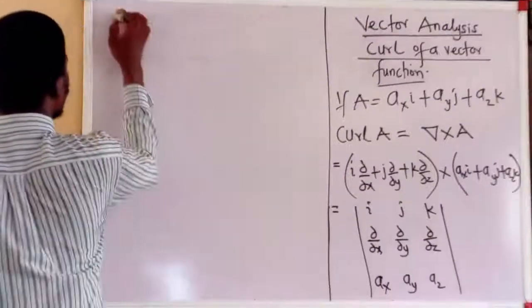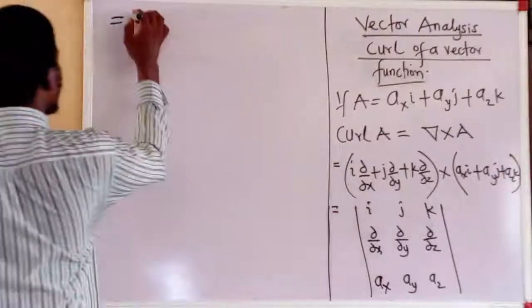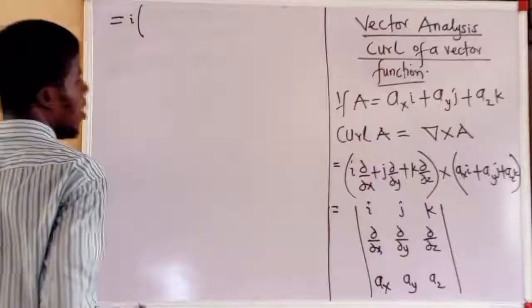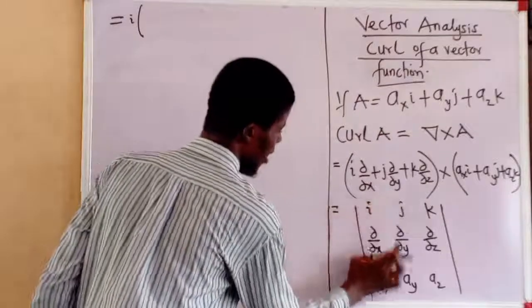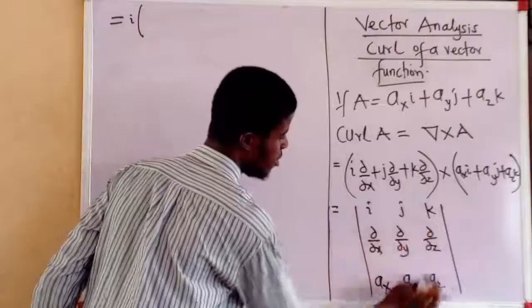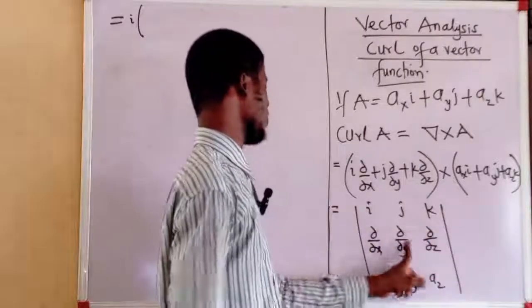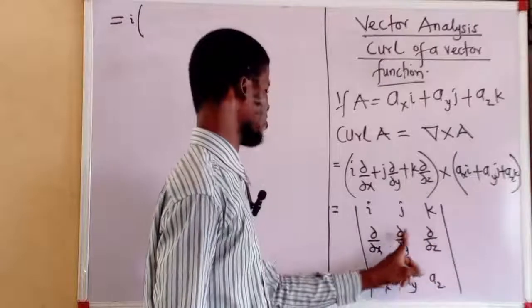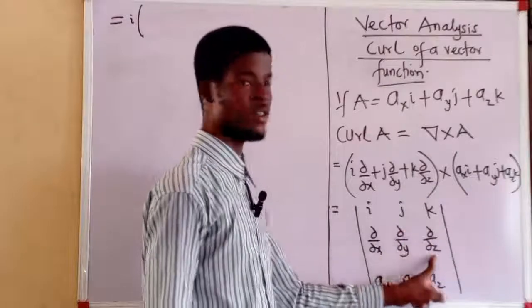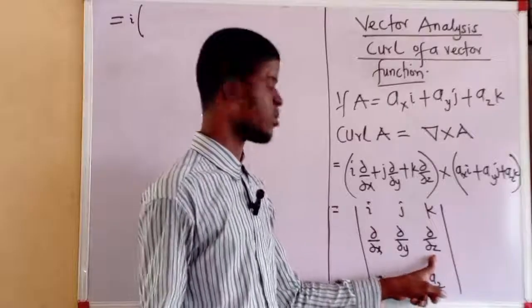So what would that be? Let's take the determinant. So we take i. If we eliminate this column of i and eliminate this row, we have this left. In this case, we are considering each of these, partial x, partial y, partial z, as operators, not as multipliers.